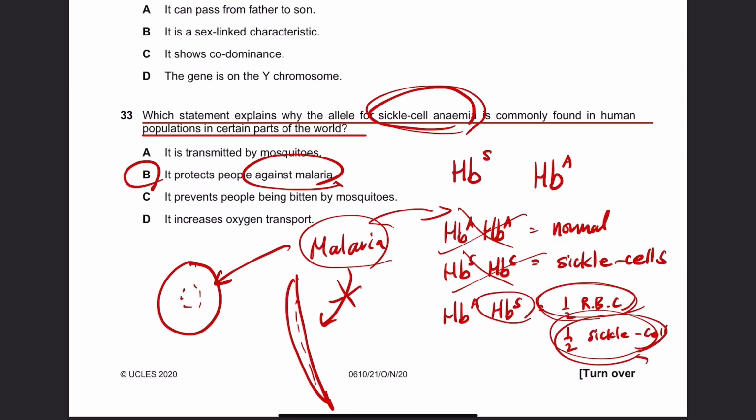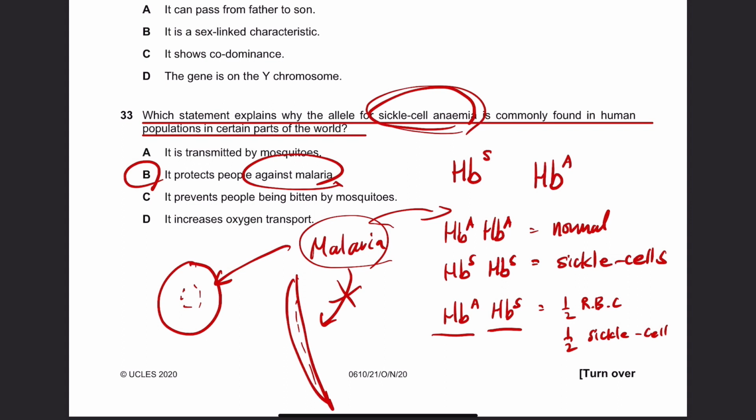So in a way, sickle cell anemia is like a co-dominant disorder. Because if you have one of each, both A and S, then they do both show their characteristics.